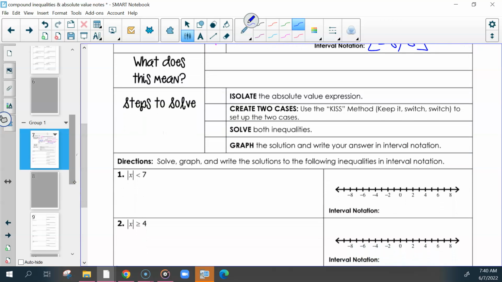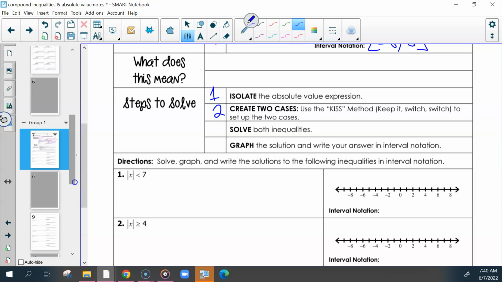The steps to solve an absolute value inequality are similar to the equation. You isolate the absolute value expression, create two cases, that's what we were doing. Keep one the same, and then switch the sign and the direction of the sign, which is what this method is.